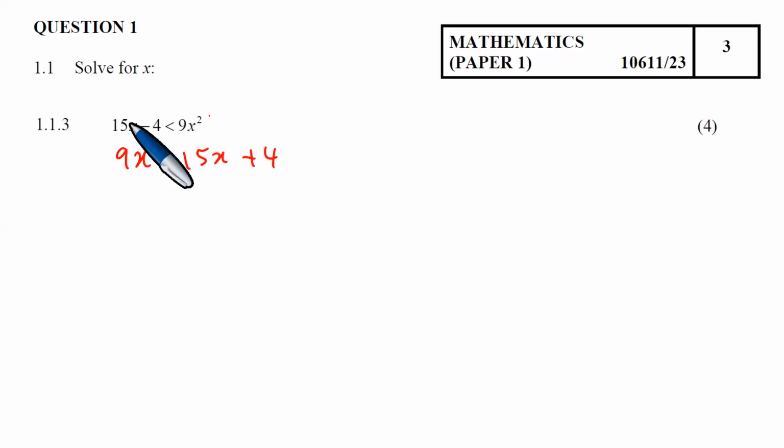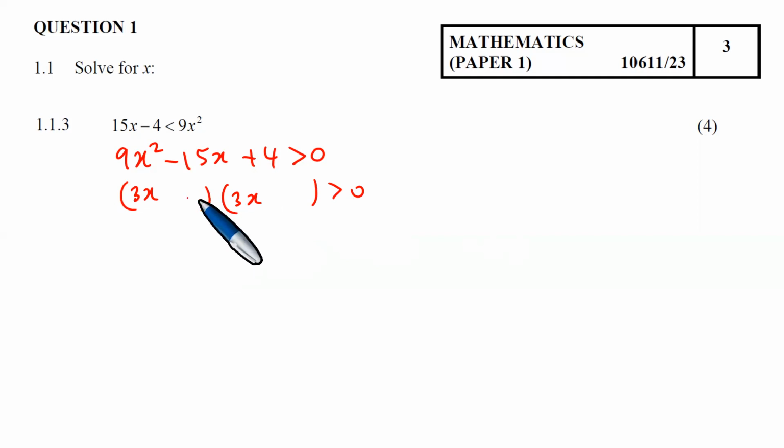Once you have moved everything to the other side, it is going to be greater than 0. Okay, so we have exactly this here. Right, and we need to factorize this. To factorize this, we have 3x minus 1, 3x minus 4, greater than 0.